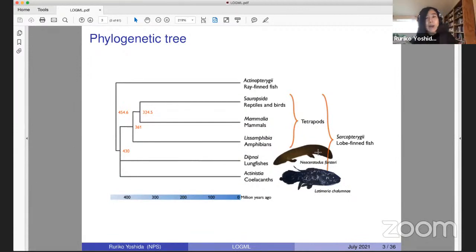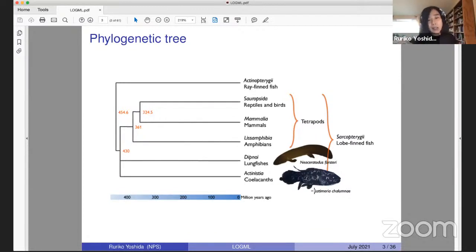One of the specific questions, on this really controversial data set, is about the tetrapods. You see mammals and reptiles, which are land-living. And the lungfish is a fish that has lungs, so it can actually go onto land.